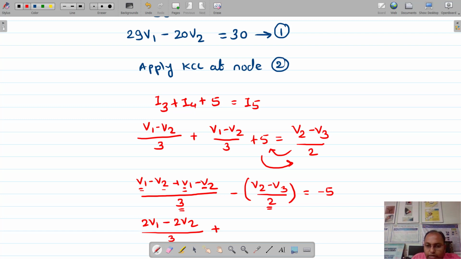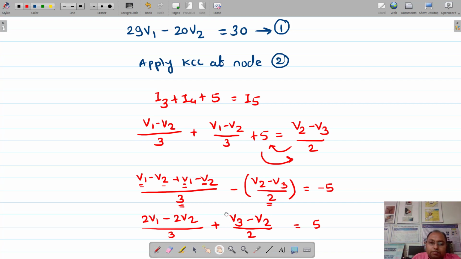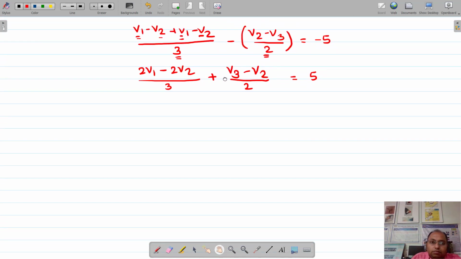Now let us write plus over here and let us multiply by minus inside this bracket. So it is going to become (V3 minus V2) divided by 2. Am I right? Yes. So after multiplying by minus to this bracket, minus V3 is going to become plus V3, and plus V2 is going to become minus V2, right?